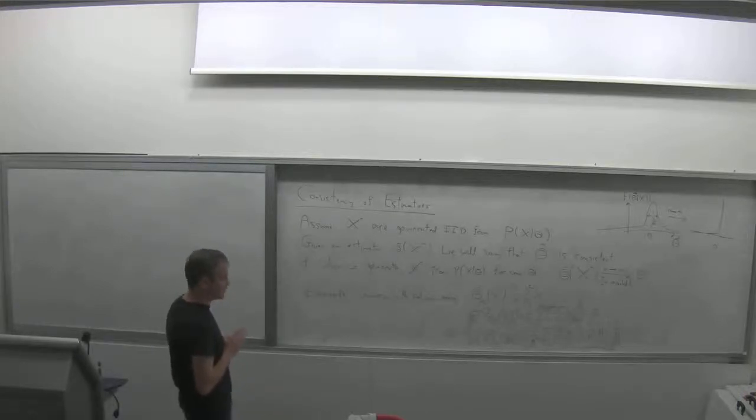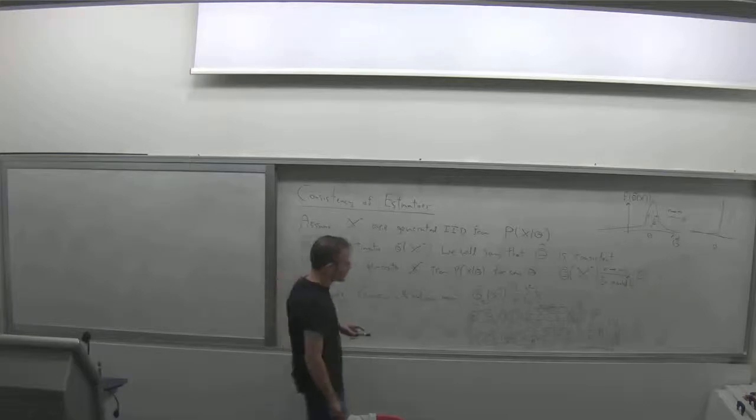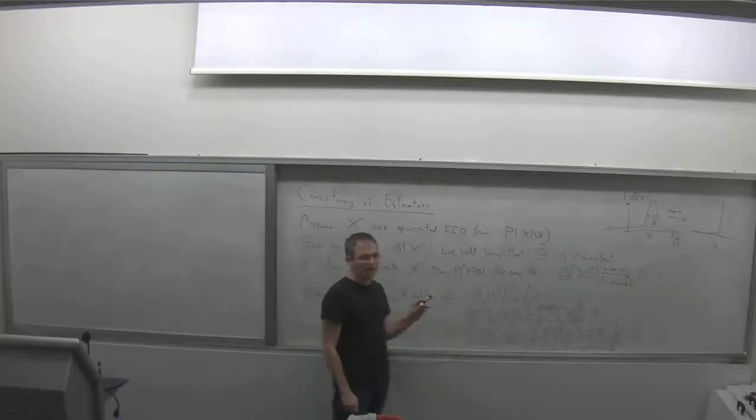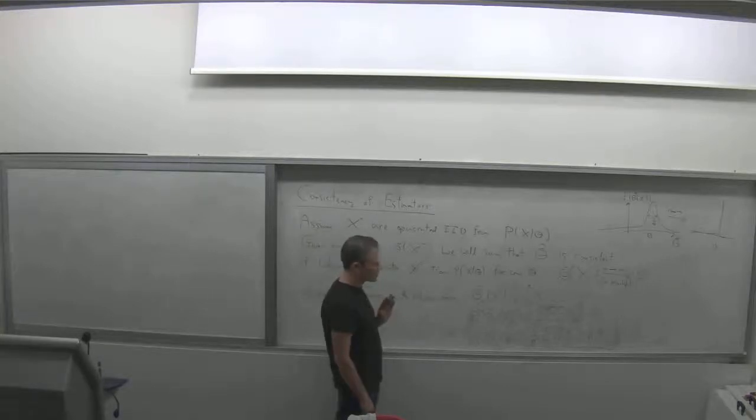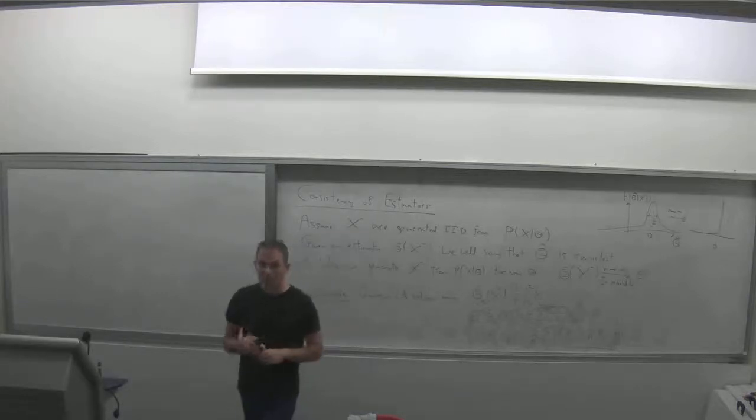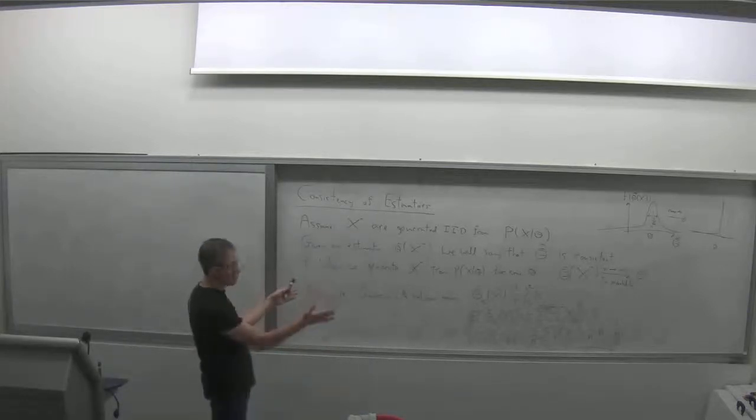What is actually true, and perhaps more surprising, is that the ML estimator, under fairly reasonable conditions, is generally consistent. So this is not a random example. Maximum likelihood is generally consistent, whatever family you have.